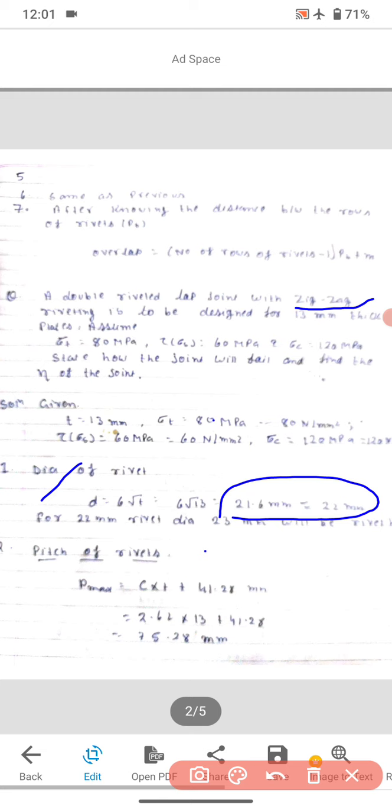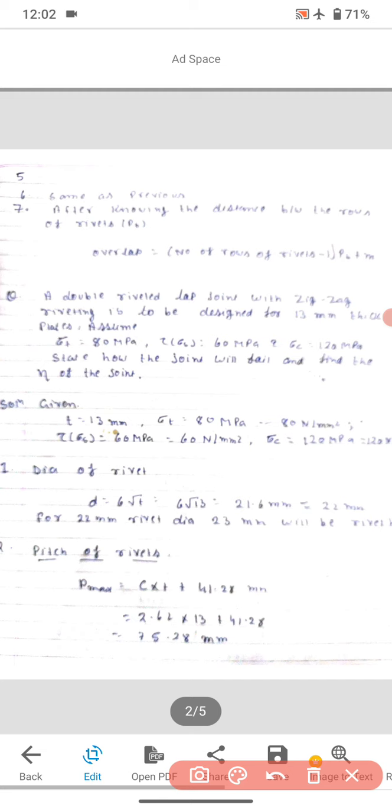Now here the design data book is necessary. You may see the V. B. Bhandari design data book, or you may see the R. S. Khurmi data book, from where you may see the corresponding diameter of the rivet hole.